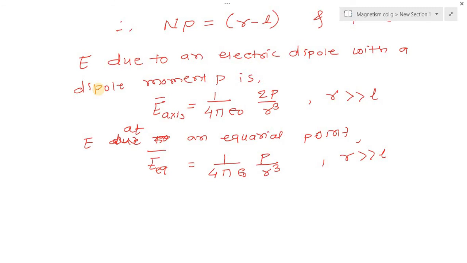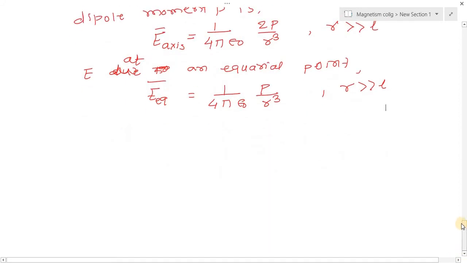In electric field, 1 upon 4 pi epsilon 0 is the constant; in magnetic field, mu 0 upon 4 pi is the constant. In electric field, dipole moment is denoted by P bar; in magnetism, magnetic dipole moment is denoted by M bar. Force in electric field is Q E bar; in magnetic field it is Q M B bar.